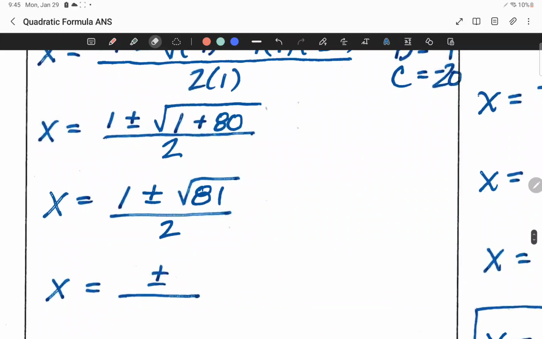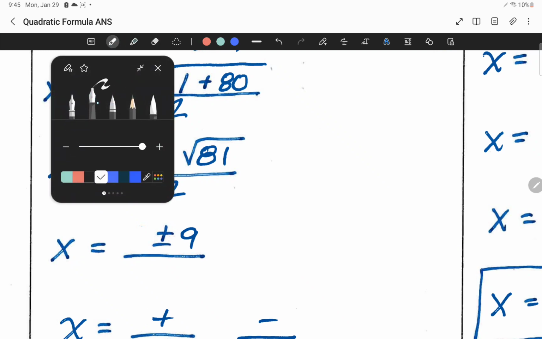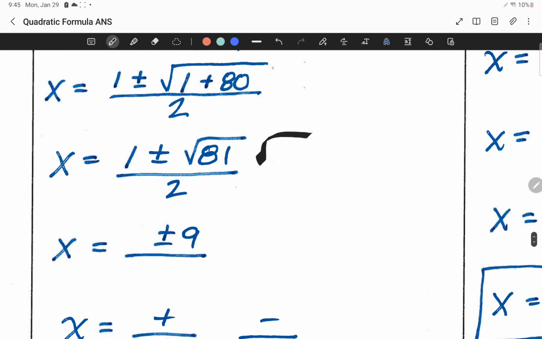Now here we're going to have to simplify 81, which, let me show you, is 9. I'm going to show you by actually doing it for you guys. Okay, there we go. Got it small. We have 81, right? Basically you do 9 and 9.